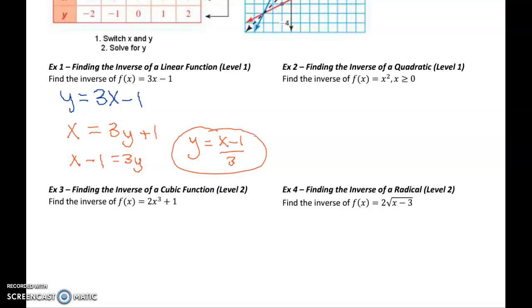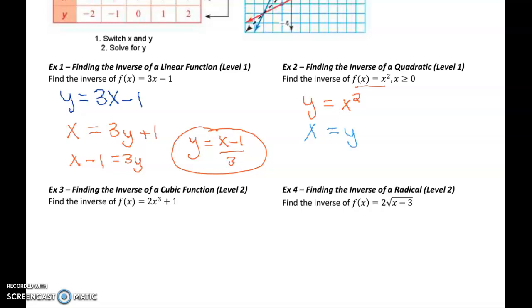If we're talking about quadratics, like we are in the next one, we have y equals x squared. You should be able to recognize in your head that the inverse of a square is a square root. So we have y equals x squared, and now we switch x and y. So x equals y squared.